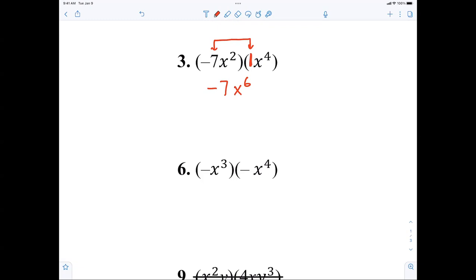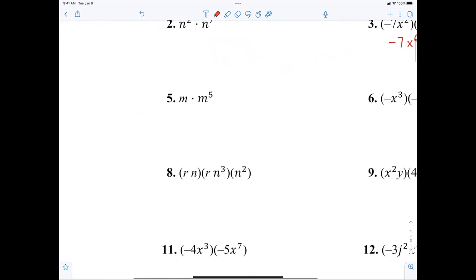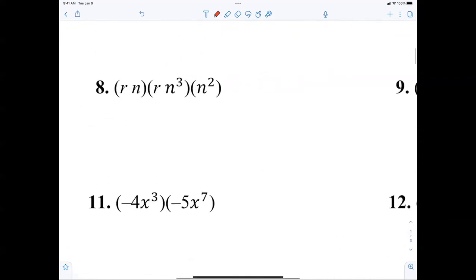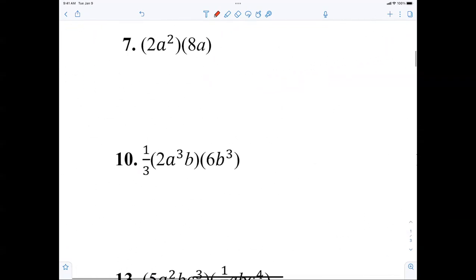That's the rule. Zeb, number 5. What is the answer? M to the 6th, because make sure you know that's a 1. M to the 6th. Ashley, number 7. 16a to the 3rd.